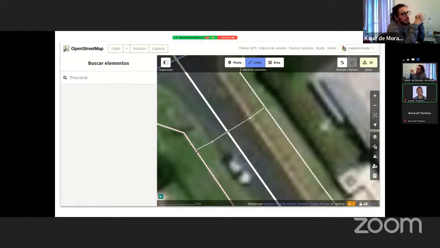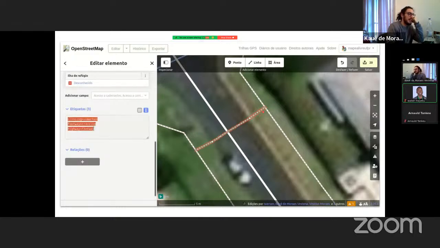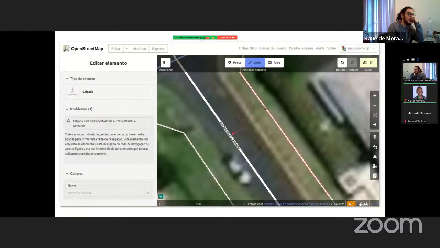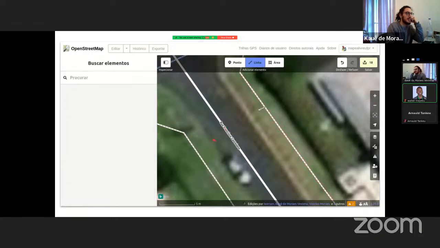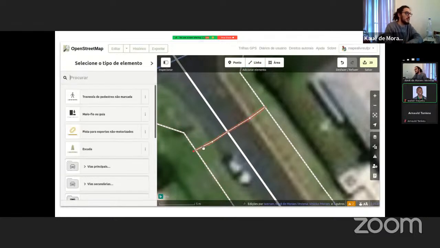So again, you put point A on one side, then point B at the curb, then point C at the street, point D at the curb on the other side, and point E at the sidewalk on the other side.